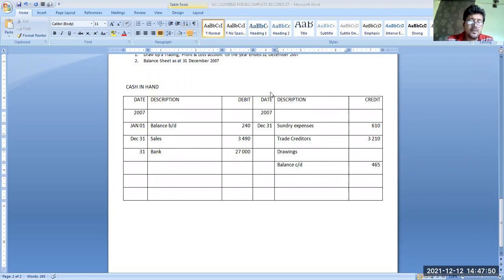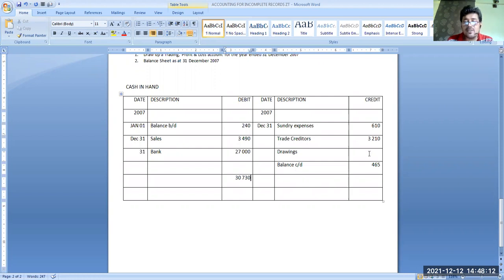Now see, 240 plus 3,490 plus 27,000, that is 30,730 total. Cash in hand minus 610 minus 3,210 minus 465.